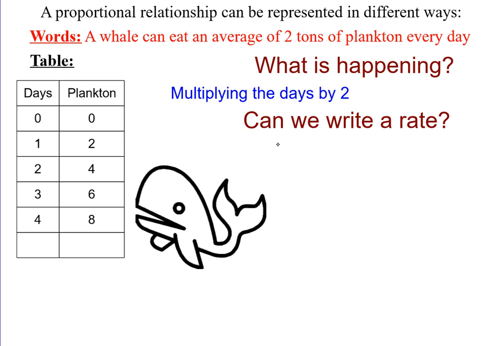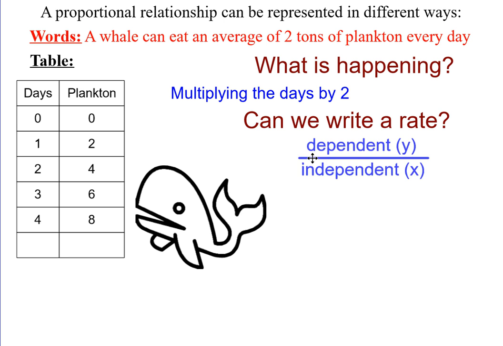And by multiplying the days by 2, can we write a rate for this? And we have to remember, when we write our rate, our dependent variable is going to be in the numerator and our independent variable is going to be in the denominator, because that's going to give us our constant of proportionality. In this particular problem, we're talking about plankton divided by days.